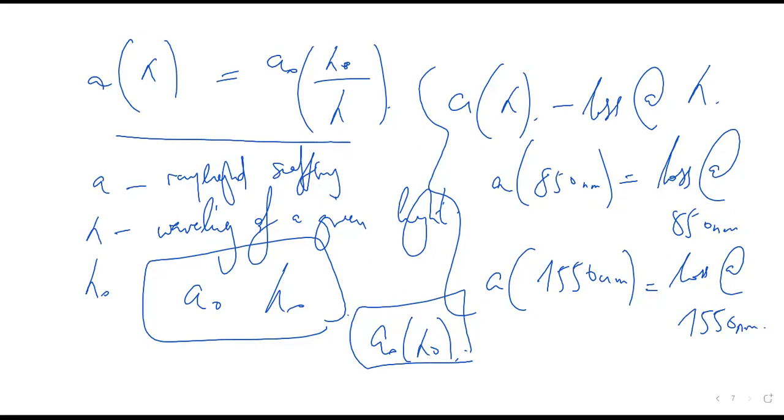Some examples, remember that lambda naught is 850 nanometers. Then A naught is 1.7.